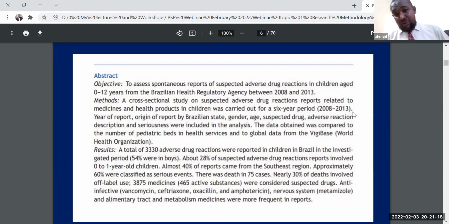Actually, there is one issue that some may be confused about, when we have data collected over a period of time. This 2008 till 2013 is still a cross-sectional study, but the data collected covers this period.